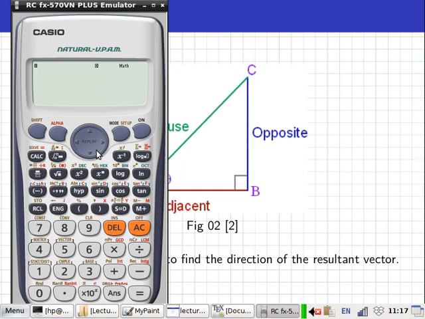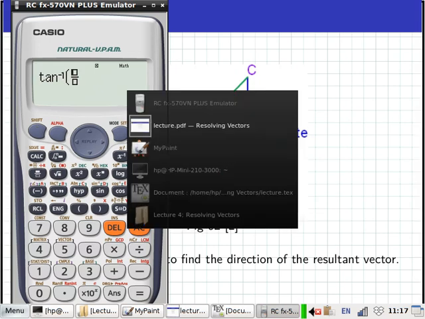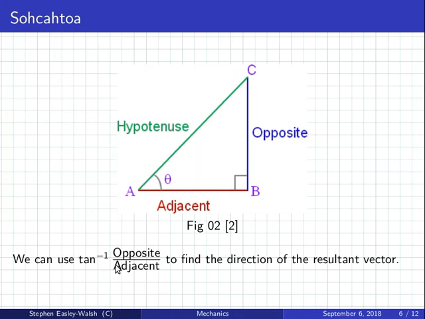Shift tan inverse fraction. So what I want you to do is to write this formula down. Tan inverse opposite over adjacent gives us the theta here. We actually use that one a lot in physics.